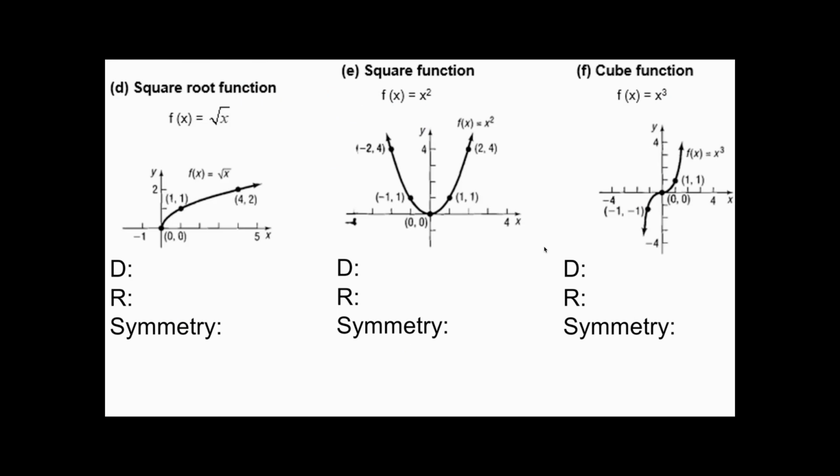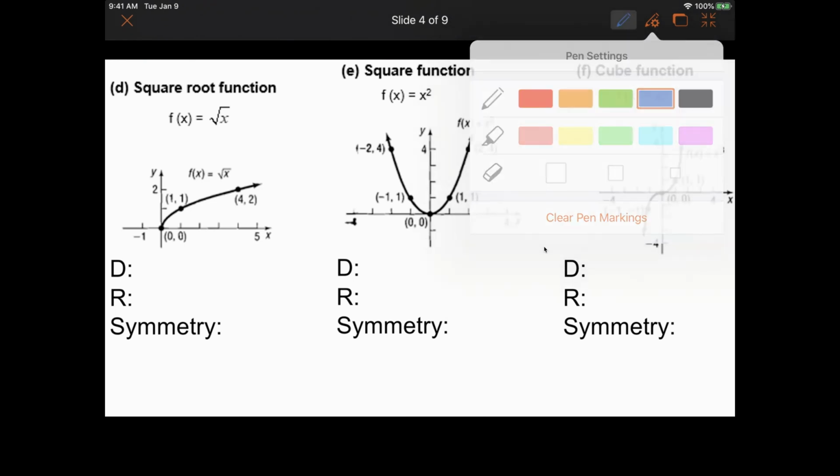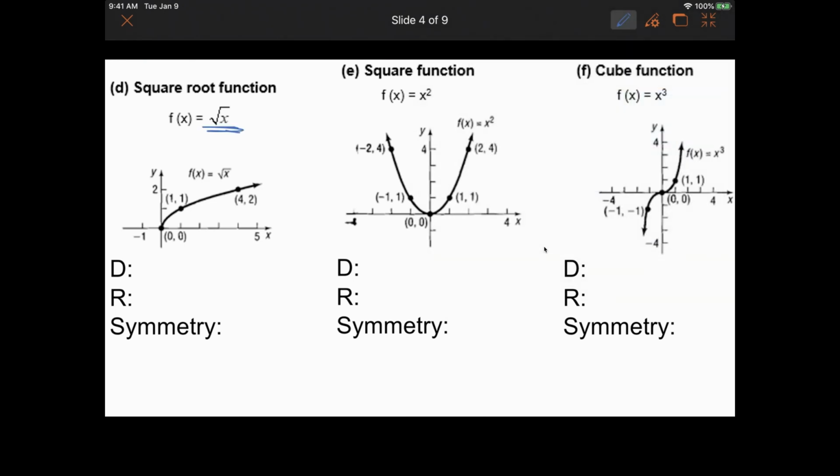All right. Square root functions. Now, I'm not sure if anyone has done these. This is the square root. So the domain, if you can see it, and we've talked about the domain, right? And remember, I said it has to be greater than or equal to 0. So in set notation, we would write that.